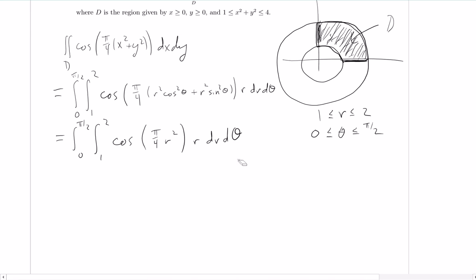Now actually, I take it back. Let's do the theta integral first. So let's actually do these in the other order.